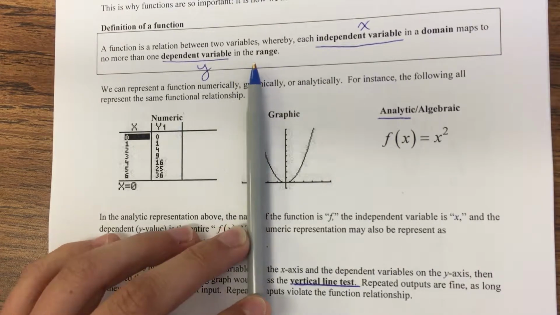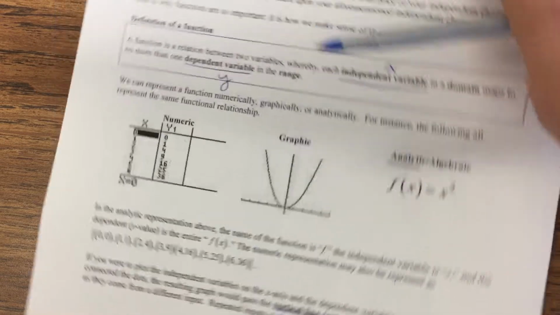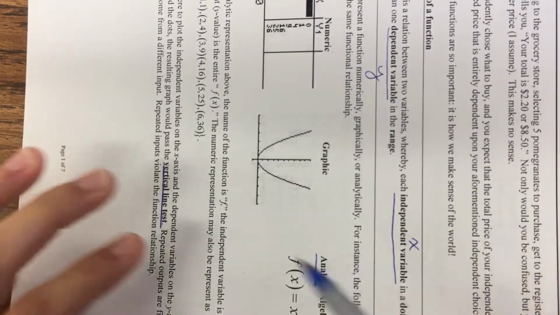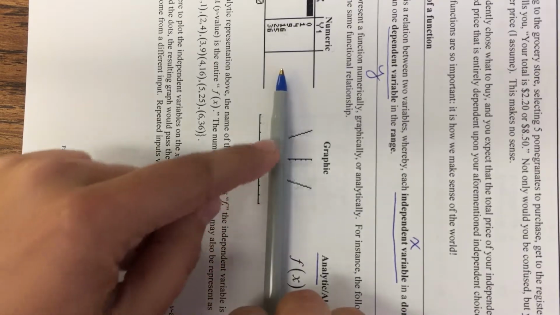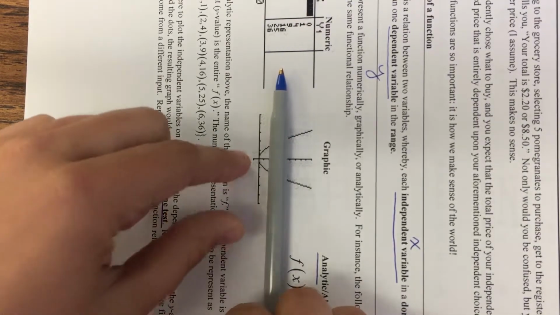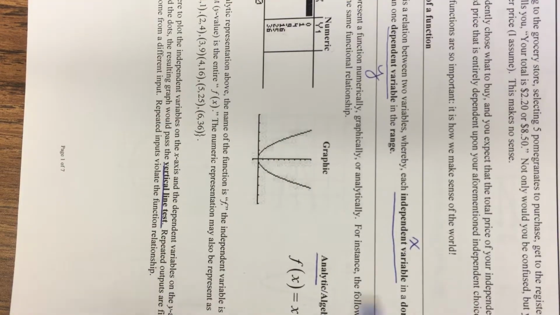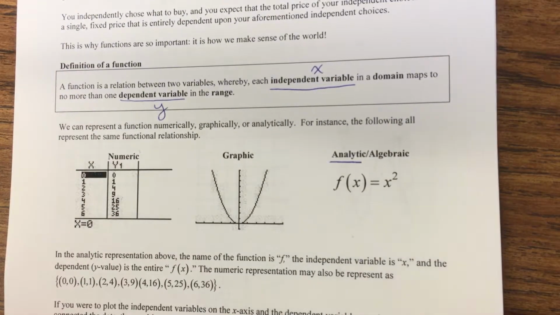So it's hitting the pen once. If for some reason your parabola had been sideways, you'll notice as I do my vertical line test, it'll hit the parabola here and here. So since it hits the parabola in two places, the sideways parabola would not be a function. So hopefully that makes sense. We'll look at some other graphs here in a second.